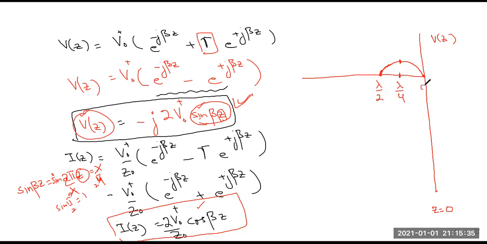So first voltage is zero at Z equal to zero, then it attains its maximum value, then it again becomes zero, and then it will be the well-known sine function repeating itself. Okay, so this is 3 lambda by 4, and this is lambda. So after lambda, the voltage will cover its complete cycle.